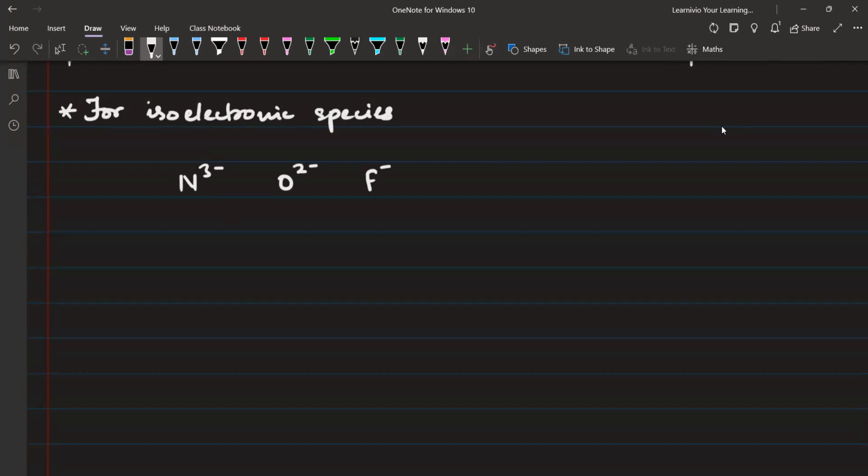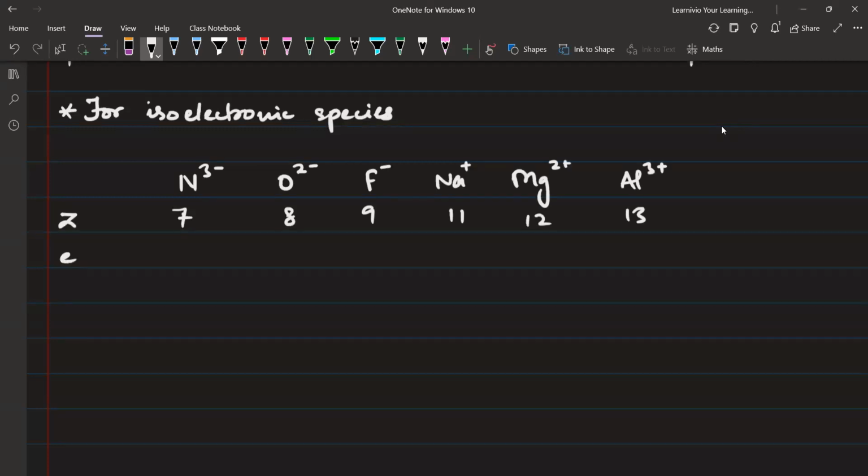Similarly, sodium positive, magnesium 2 positive, aluminium 3 positive. If I talk about the atomic number for these cases, it is 7, 8, 9, 11, 12, and 13. The atomic number tells the number of protons, and the number of electrons is 10, 10, 10, 10, 10, and 10.